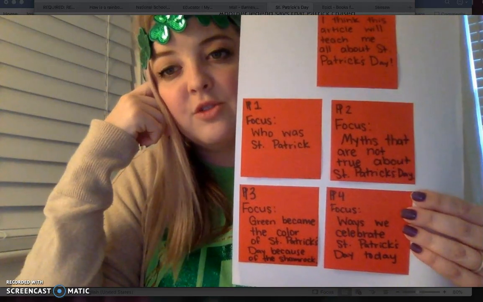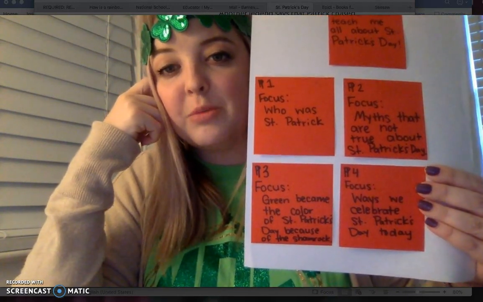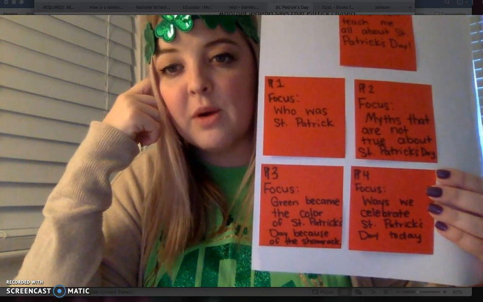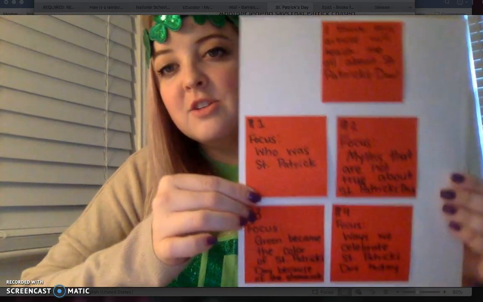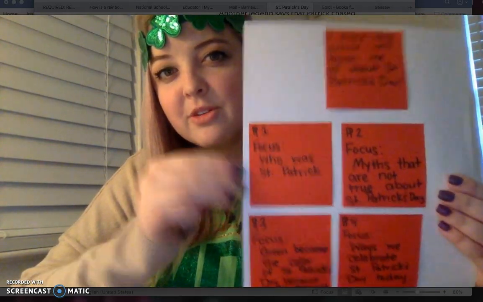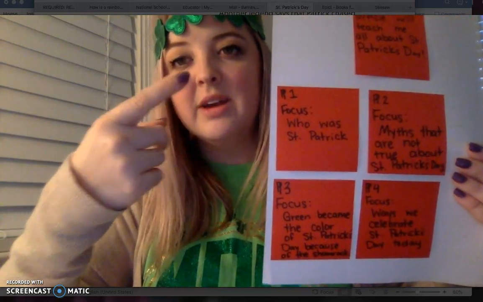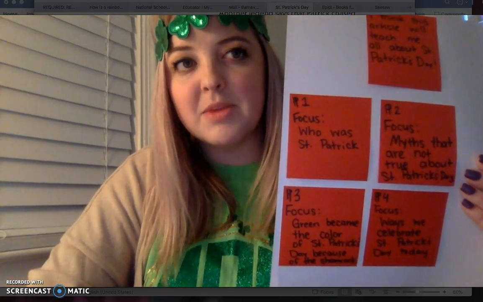The myths that are not true about St. Patrick's Day. Paragraph 3 was about how green became the color of St. Patrick's Day because of the shamrock. And paragraph 4 was about the ways that we celebrate St. Patrick's Day today. So I just used this rather than printing out the article and taping and doing all that. This works just fine. If you don't have sticky notes, you could just draw squares or something like that in the meantime.